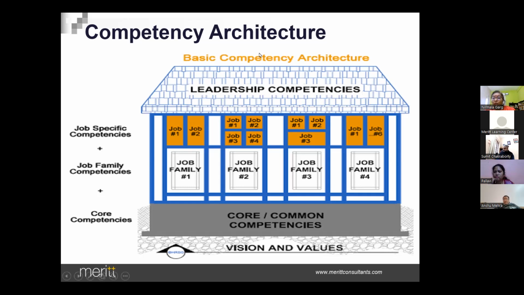So when we talk about competency architecture, we have to think and plan: if this is my organization with this kind of business strategy and at this stage of the life cycle, what is the vision? What are the values? Because they drive your core competencies. Then you are looking at all the job families, which give you all the specific competencies, and then the leadership competencies.